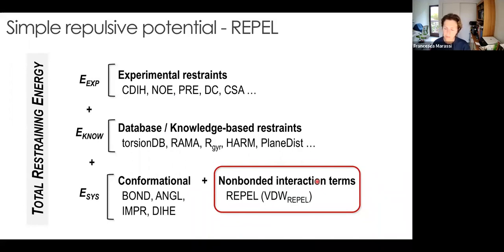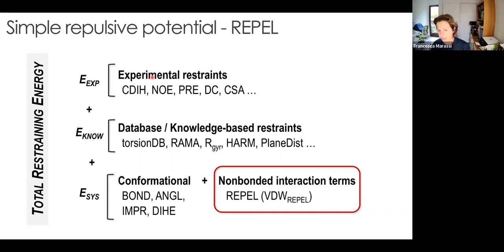Okay, so what I mean by this: a typical force field is a simple repulsive potential. So your calculation will typically include a number of experimental restraints like dihedral angles, maybe from chemical shifts, NOE distances, PRE distances, dipolar couplings, CSAs, and so on. Whatever you can measure can go into the pot.